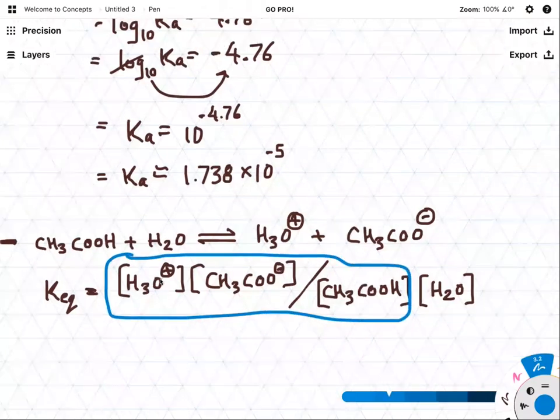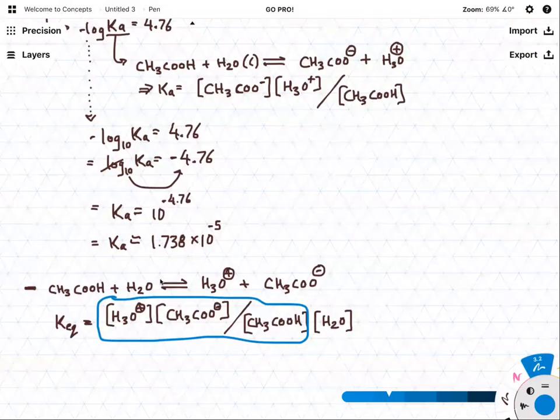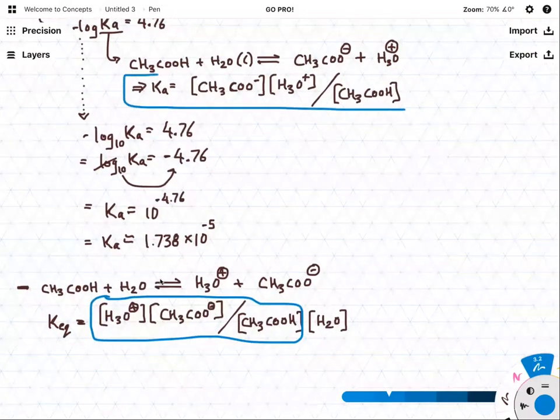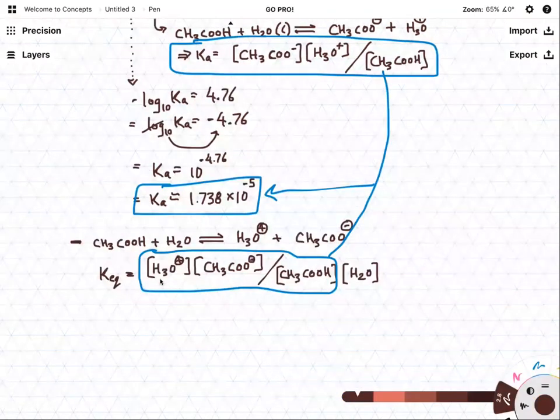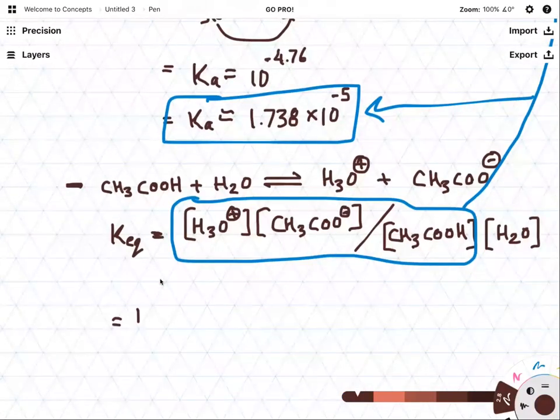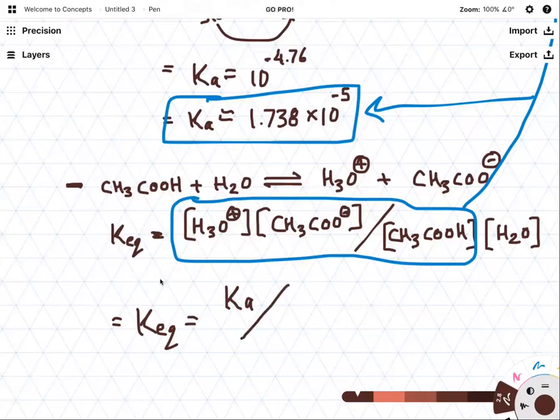We just did that, and we calculated that to be that. So all we're left with now is KEQ equaling Ka, whatever we calculated, over the concentration of H2O, which they've already given us.